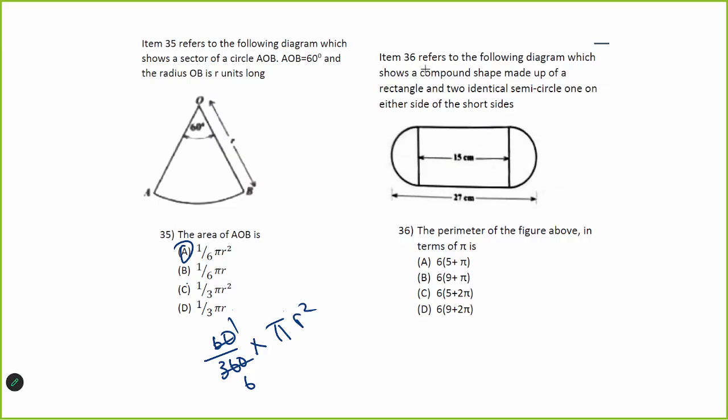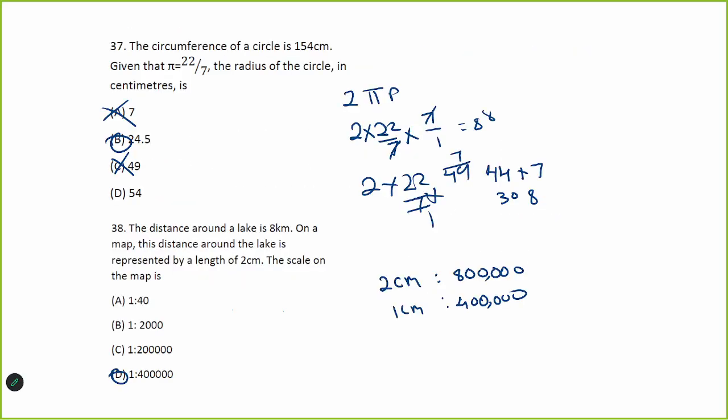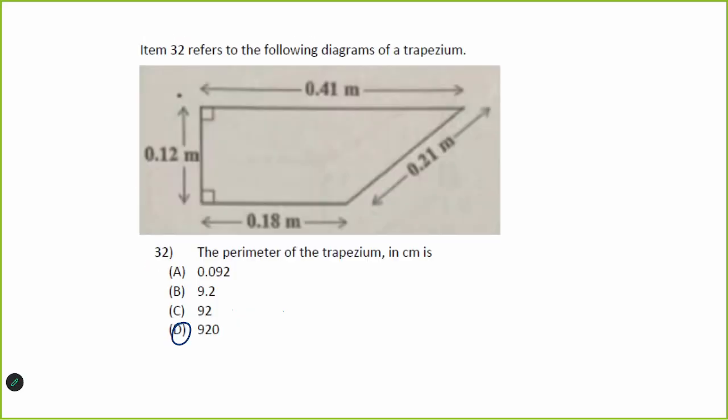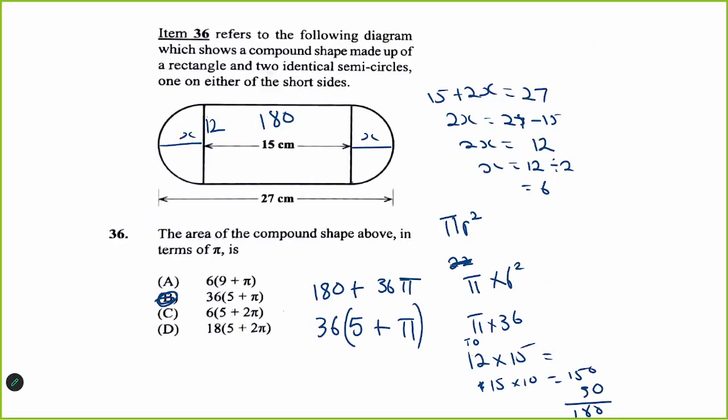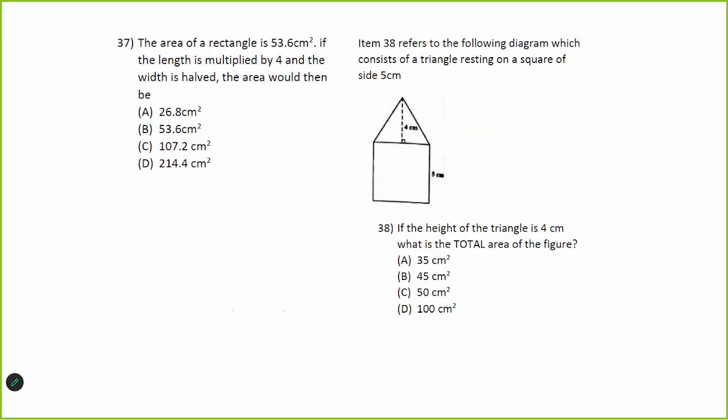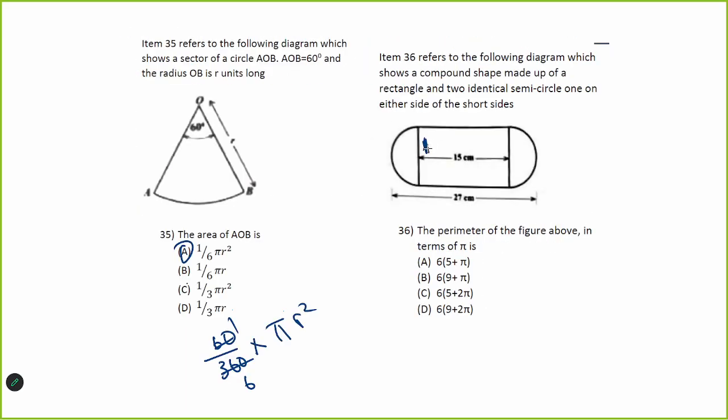Item 36, did we do this? I believe the height was 6? Well, 12. Hold on. Look at here. The radius was 6.